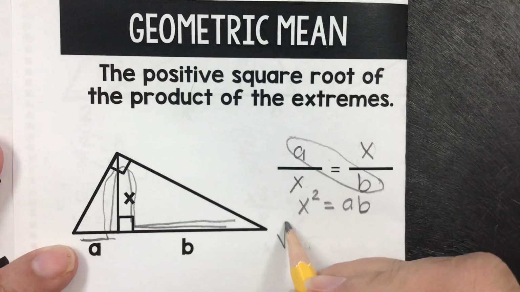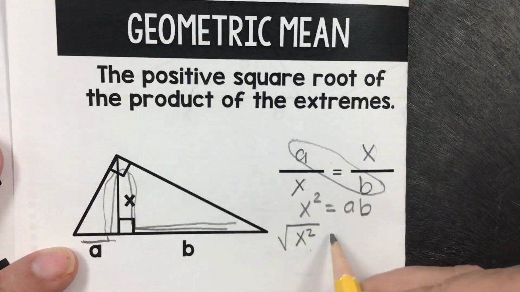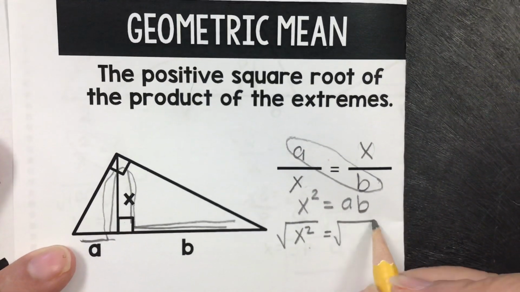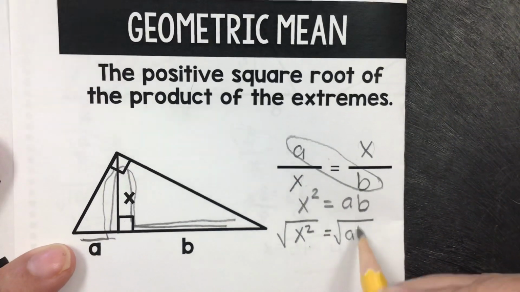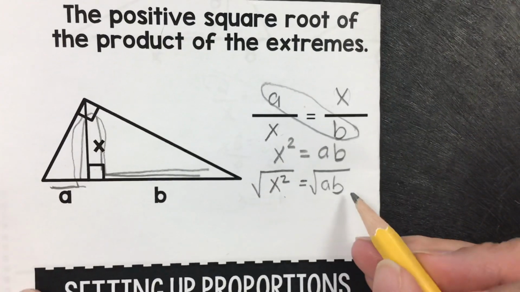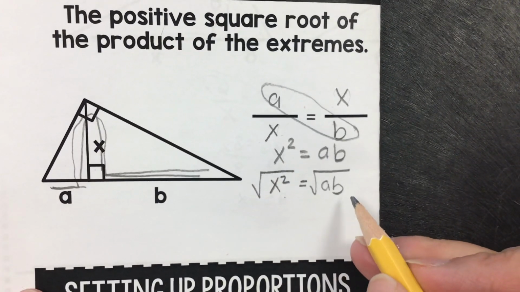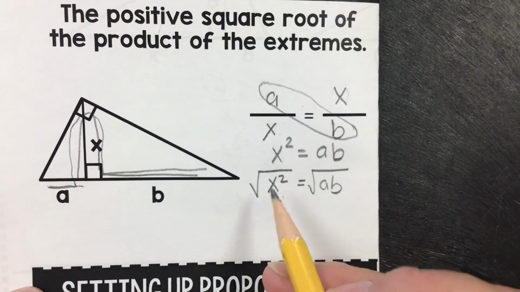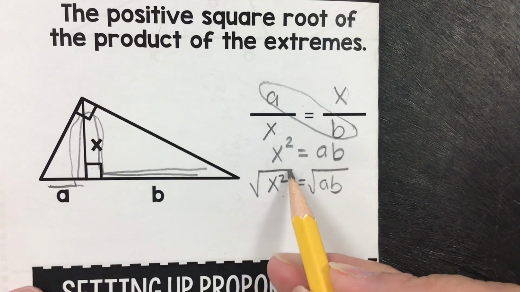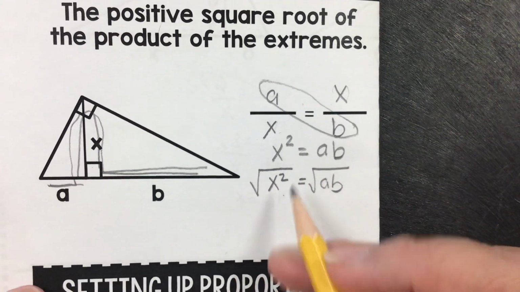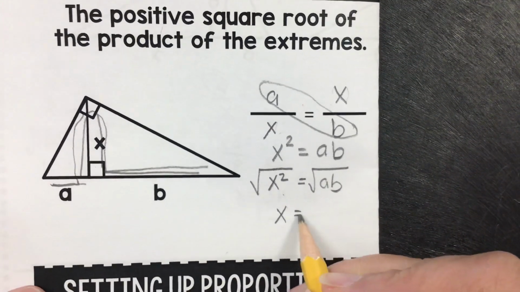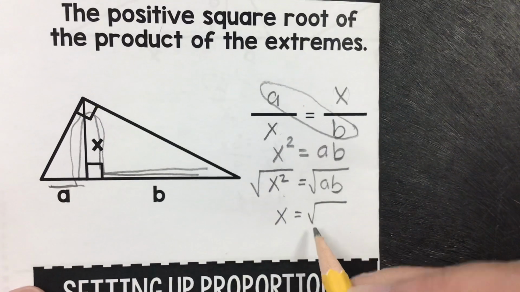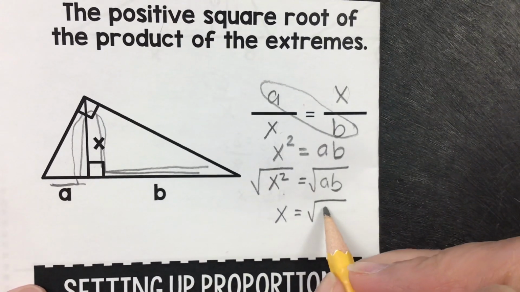I'm going to rewrite it over here just so you know that after that, you have to find the square root of both sides. I do not want a decimal approximation. We're going to be simplifying radicals. These two operations are inverse of each other, so they cancel each other out. You're left with x, and then a simplified radical of ab.